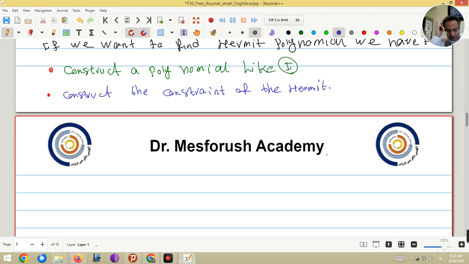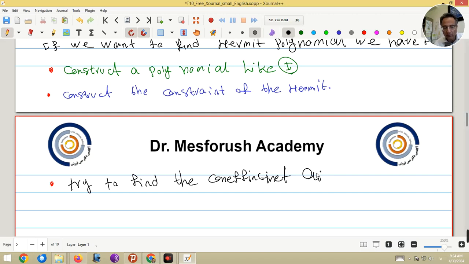Okay, and finally try to find the coefficients ai. Okay, the coefficients should be for i equal to 0, 1, 2, m. This is all we have to do.